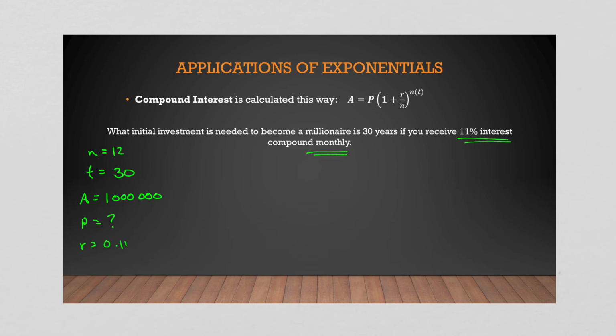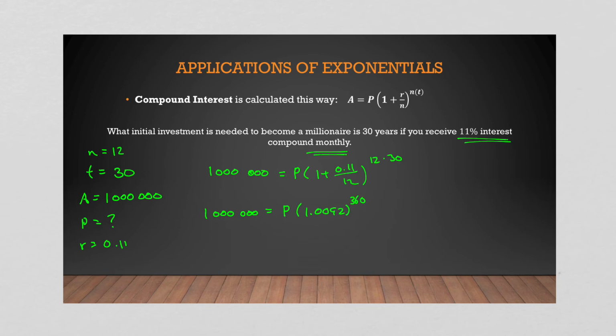So again, we're now going to plug this into our equation, but we are going to have to do some algebra here. So 1,000,000 equals principal times (1 plus 0.11 over 12, compounded monthly) to the power of 12 times 30. So we'll do a little bit of number crunching here, and we get 1,000,000 equals principal times 1.0092 to the power of 360.